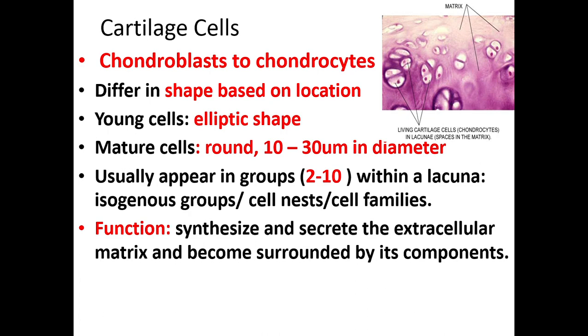Now, the chondrocytes, they differ in shape based on their location. When they are still young cells, they have an elliptic shape and will change to round or ovoid cells when they become mature, ranging from 10 to 30 micrometers in diameter. If they are trapped within a lacuna, it may contain 2 to 10 chondroblasts or chondrocytes.